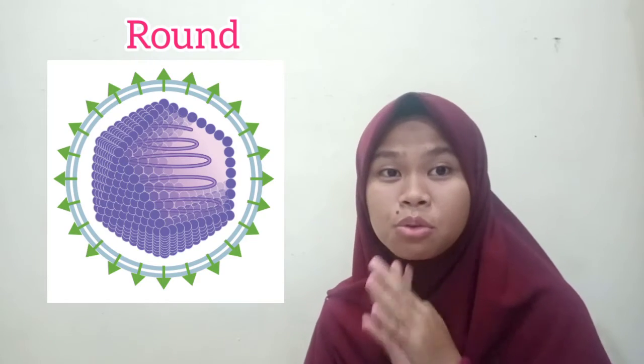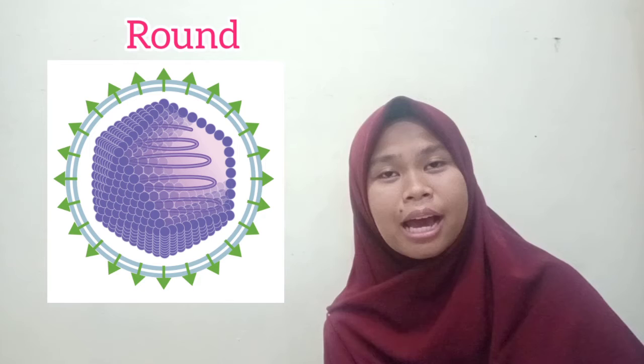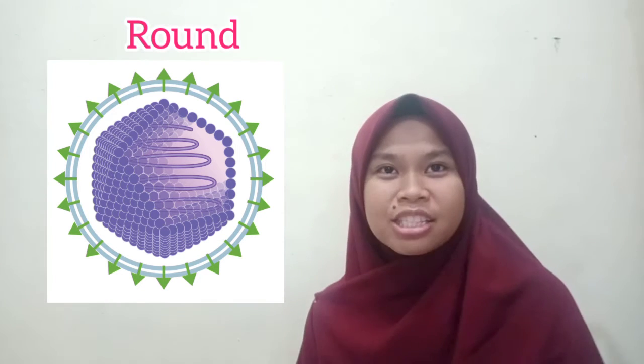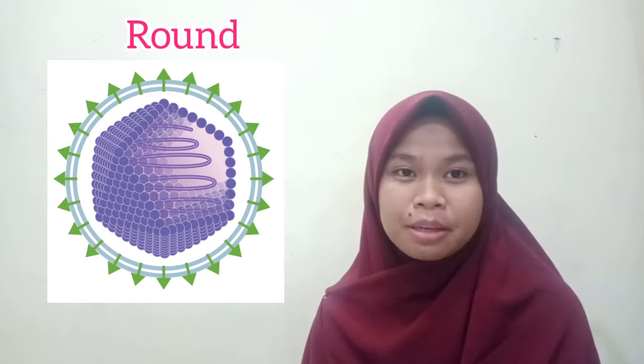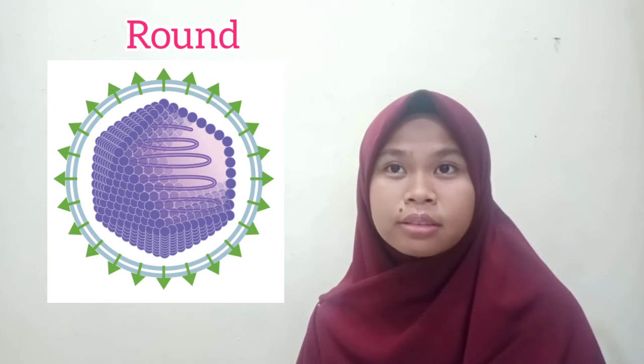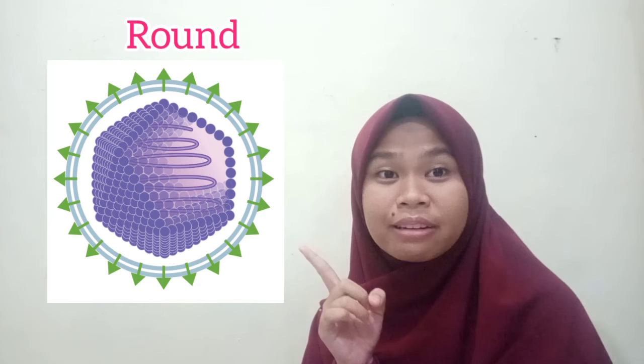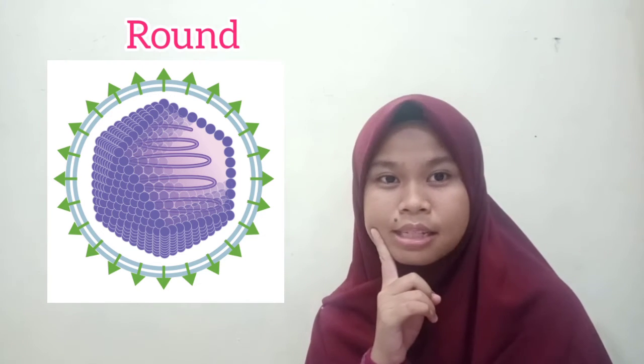The next shape of virus is round. Round viruses are composed of 20 identical proteins arranged into a spherical protein coat. Example is rhinovirus, which causes colds and flu.